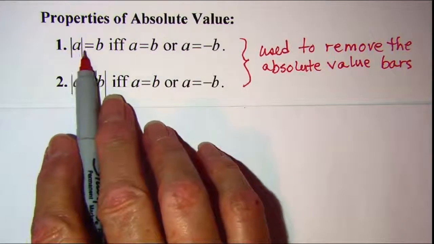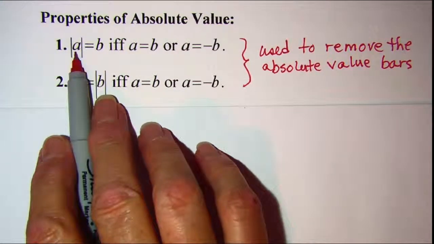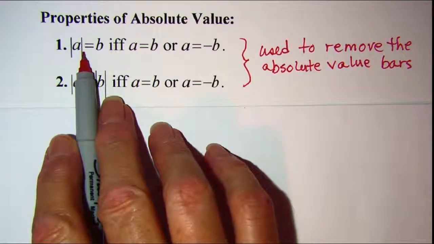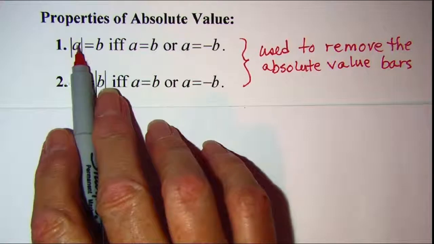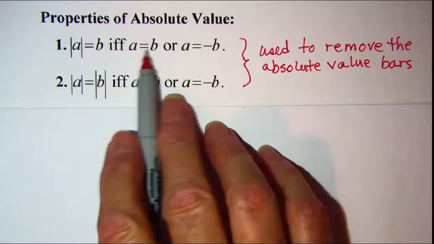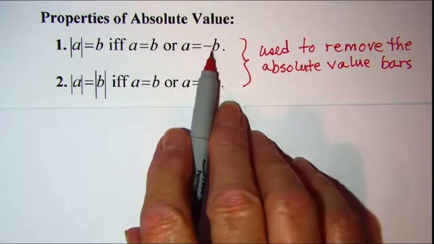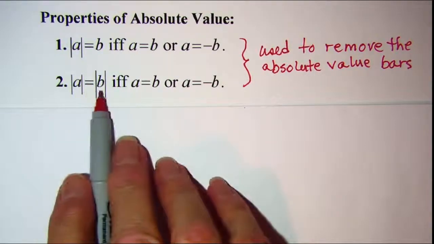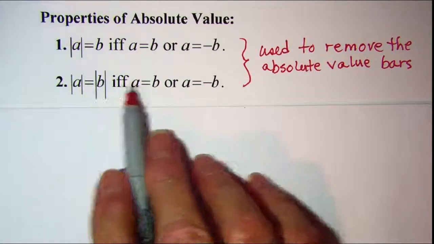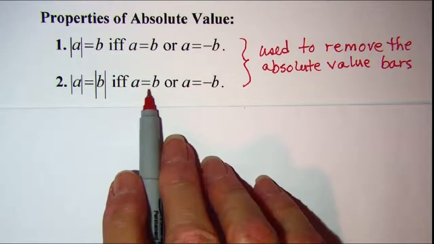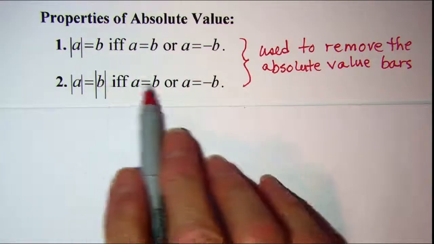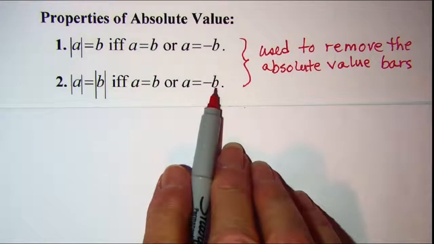So if you're given an absolute value on the left side of your equation equaling a number, then you can remove these absolute value bars and have a regular equation that you can work with by writing the argument equaling a positive b or a negative b. If you're given an absolute value on the left side and on the right side, then you can remove those absolute value bars by stating that the argument a is equal to b, or the argument a is equal to a negative b.